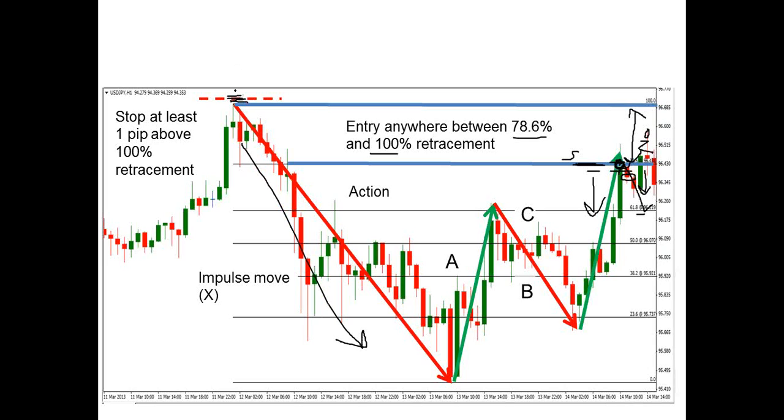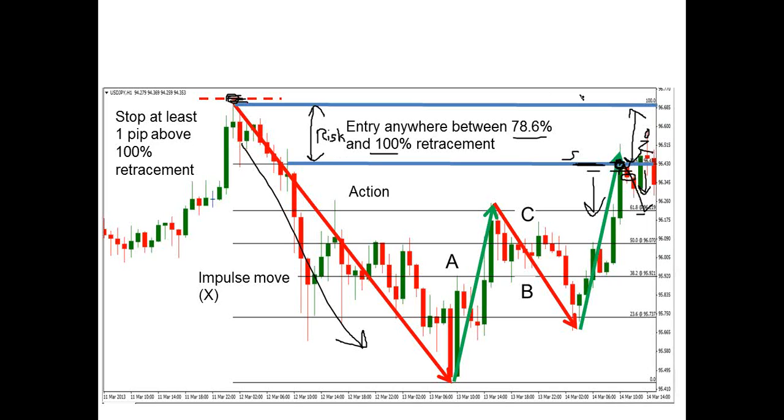Because if it breaks the 100% retracement, it's broken into a new high. The Gartley is no longer valid, so that's your potential area there where you'd want to place your stop order. Now, the great thing about this is the fact that when you look from your entry to your stop order, this is your risk on this trade.